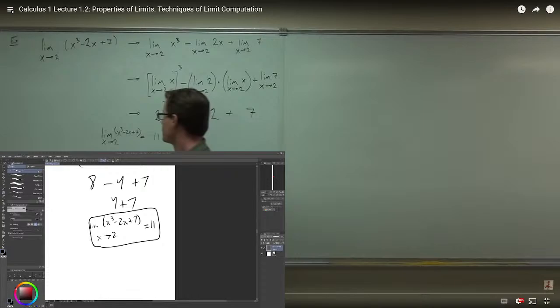Because there's no hole or asymptote on this quadratic, it can just exist there, I guess.